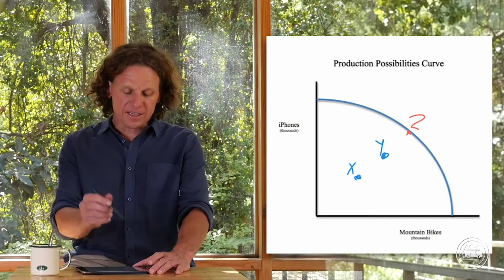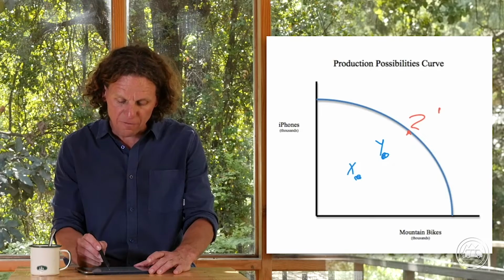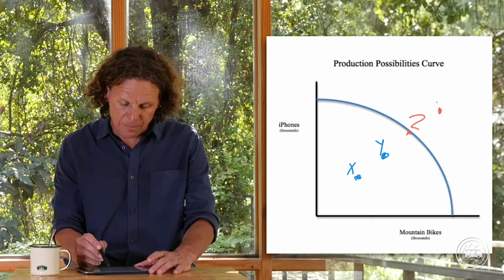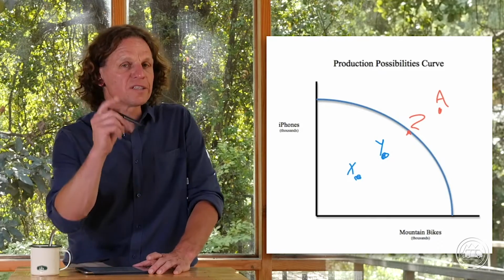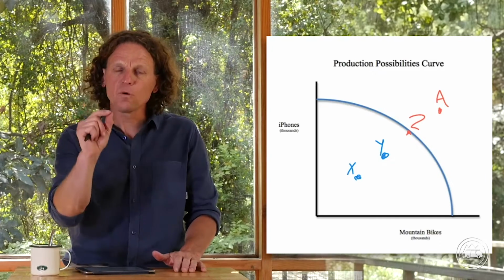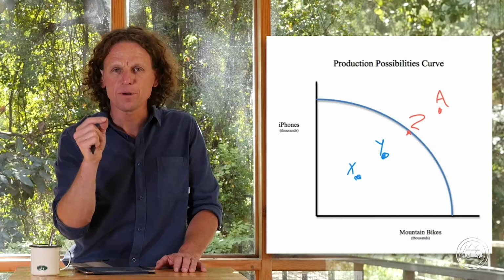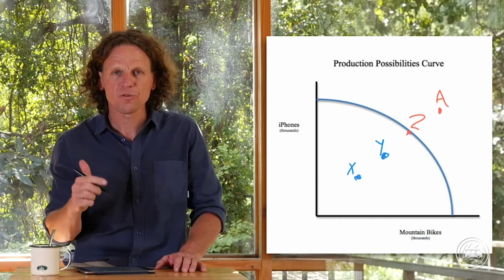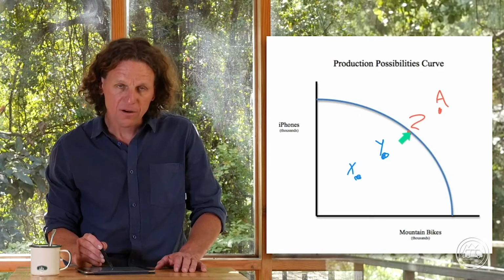Now, last topic on this point. You might say, could we ever function out here at point A? And the answer is no, unless, here it comes, we improve the quantity or the quality of what? The factors of production. Land, labor, capital, entrepreneurship. And this is where people matter.